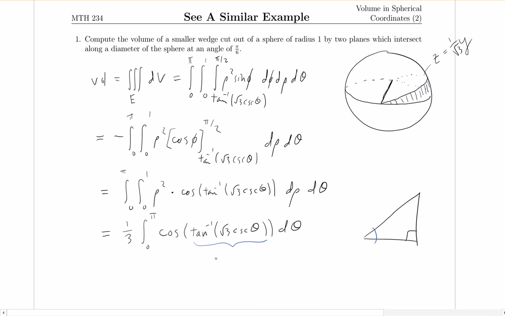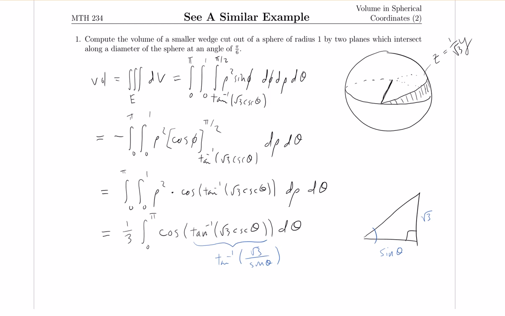So this also means arctangent of square root of 3 over sine theta. If I want an angle whose tangent is equal to this, remember tangent is opposite over adjacent, so I can label the sides of the triangle with square root of 3 and sine theta, and now the blue angle there will have the correct tangent.